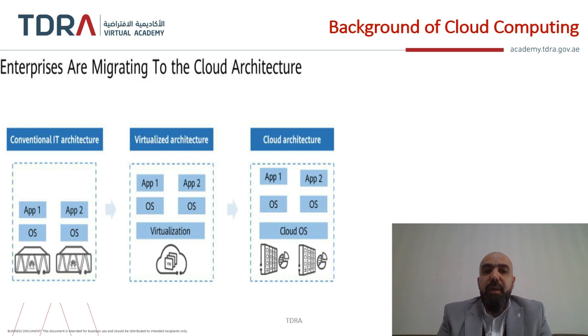So it will be the physical server and the hypervisor on top of it. After that, we start creating our instances, our virtual servers or VMs. So we install an operating system, install applications, then another VM, and so on.